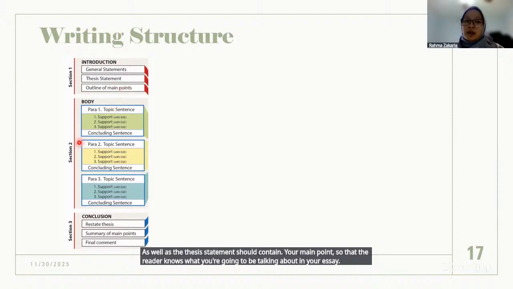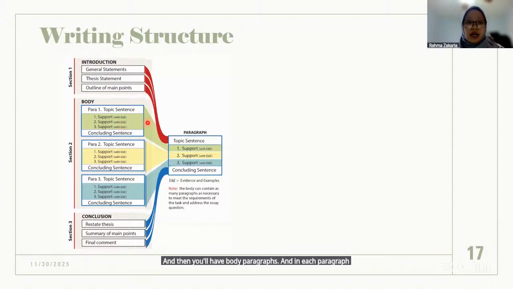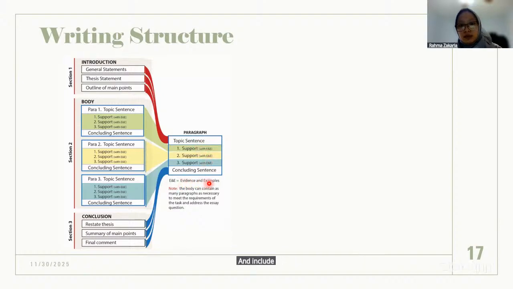And then you'll have body paragraphs. And in each paragraph, you want to make sure that you start off with a topic sentence for the entire paragraph. Then you'll have support sentences, all of which relate to your topic and include evidence and examples.